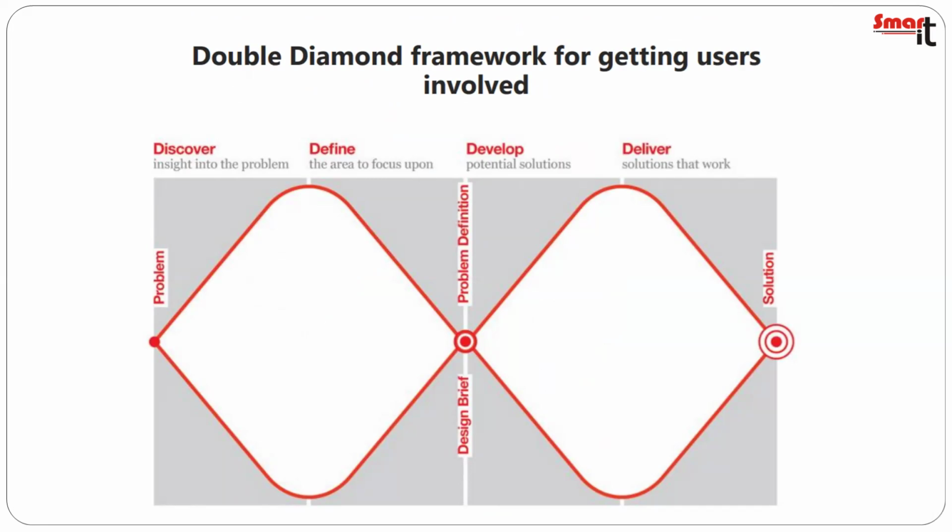We have to follow this process. Discover first: you have to identify the problem, gain insight into the problem, and define, which means the area to focus upon. So you have to define which area you are focusing on. Then develop potential solutions and deliver the solution.